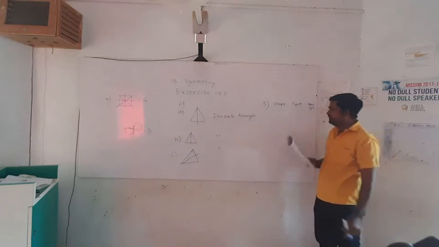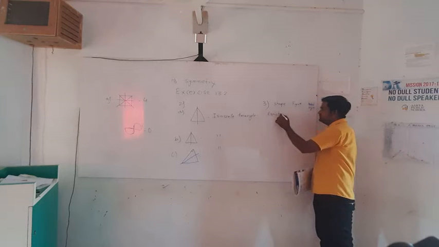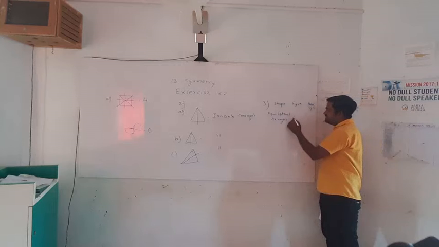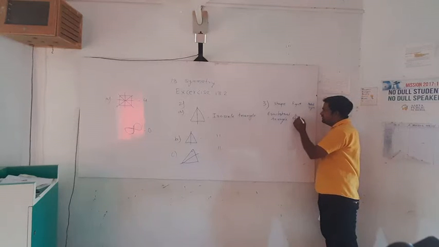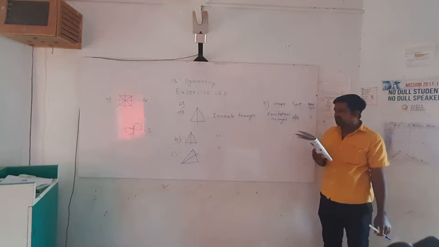Now see the first shape. An equilateral triangle is given. Equilateral triangle means what? All three sides are the same, all three sides are equal. So how many lines of symmetry? 1, 2 and 3. So total 3 lines of symmetry.